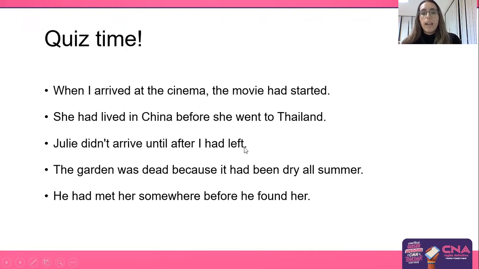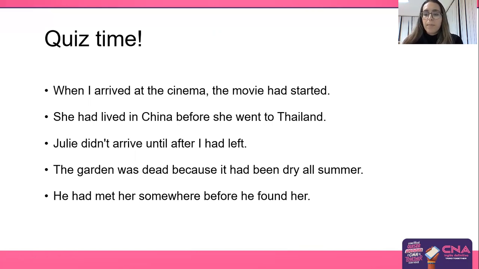So after I had left, the first event. The garden was dead because it had been dry all summer. So it had been dry is the first thing that happened. And he had met her before he found her. So he had met her is the first thing that happened in the past.